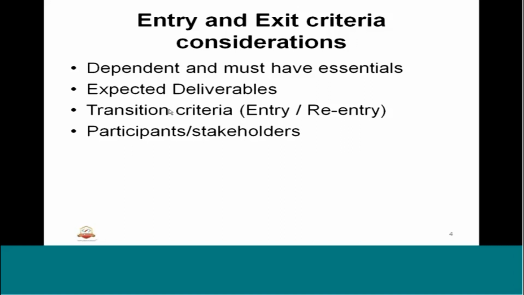Those elements are called transition criteria. Transition from stage 3 to stage 4. That means the stage 3 will have some entry, the stage 3 will have some exit. Also, the stage 3 can re-enter again based on certain conditions getting transitioned within that. So that is also called entry, re-entry for that particular stage.